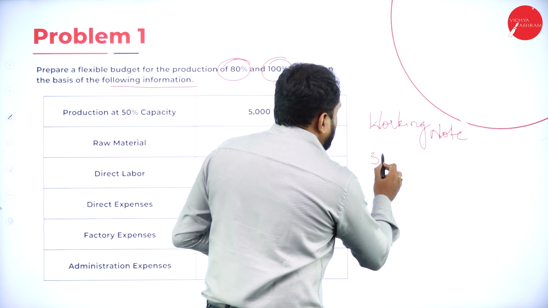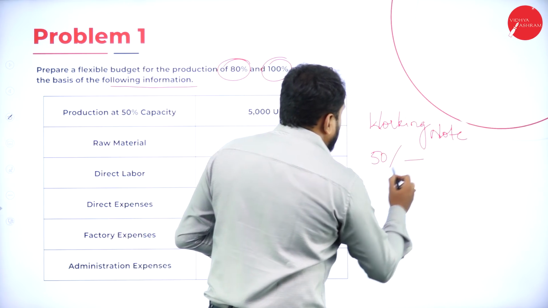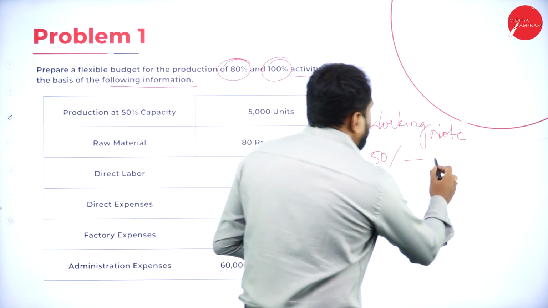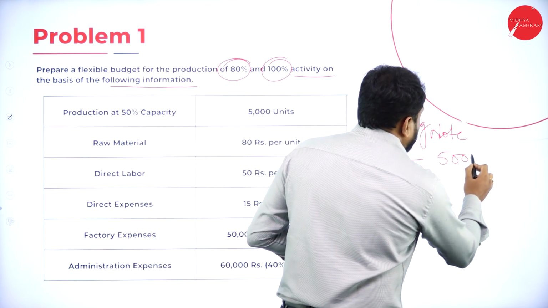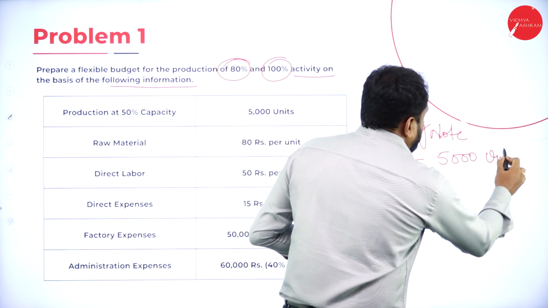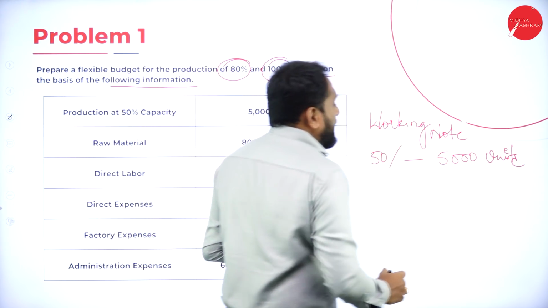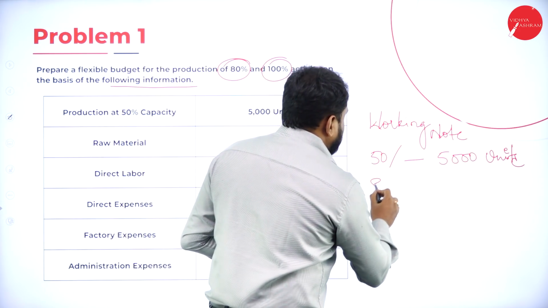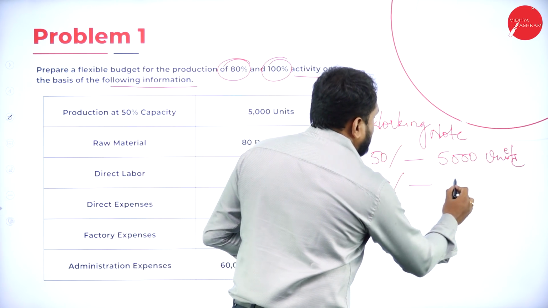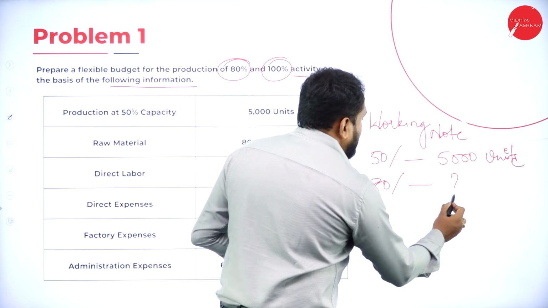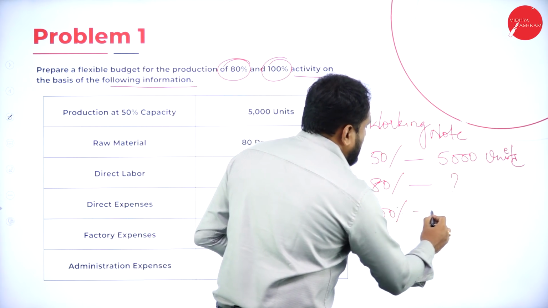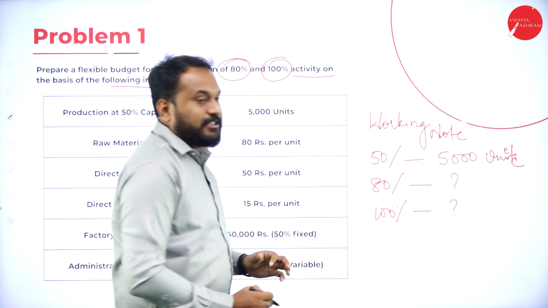For 50% capacity, they are manufacturing 5,000 units. And what are they asking us? We need to prepare for how much? 80%, and we are supposed to also calculate for 100%. This is the first one.